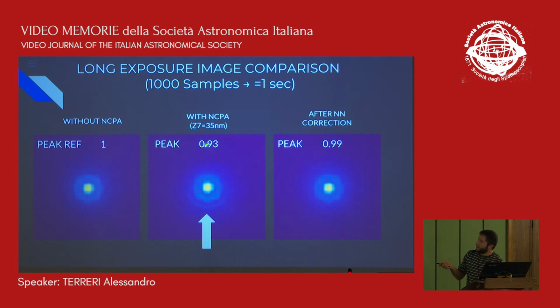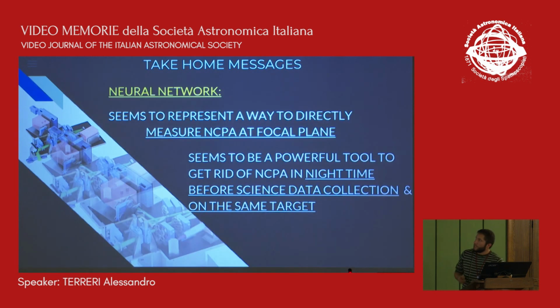We can see that the peak value seems to degrade, but after the prediction of the neural network, we have recovered, if you want, what we injected as a non-common path aberration.